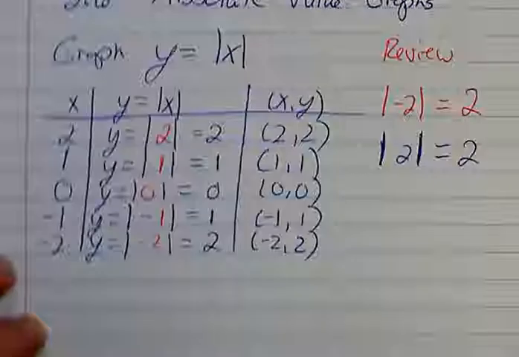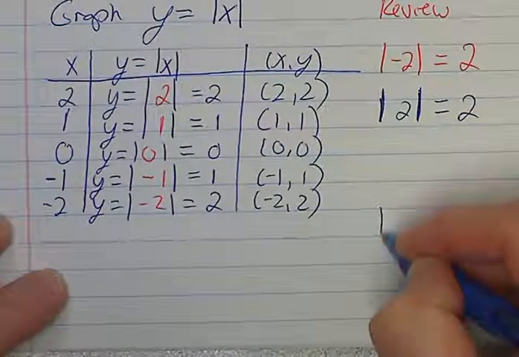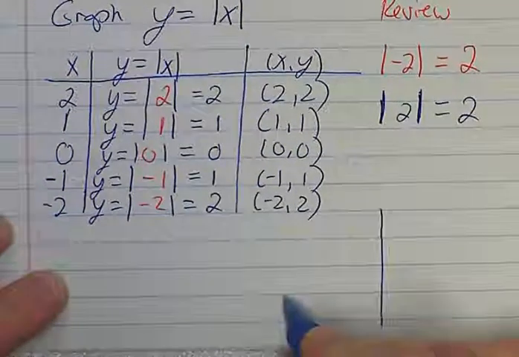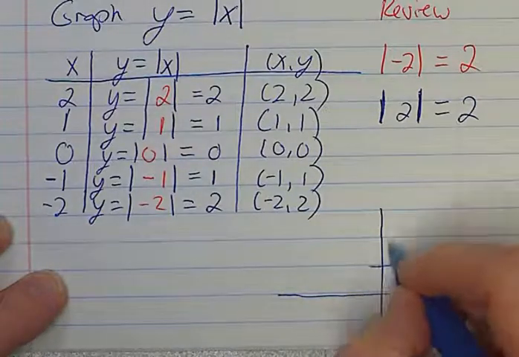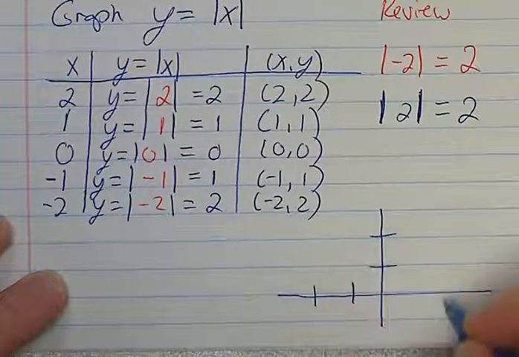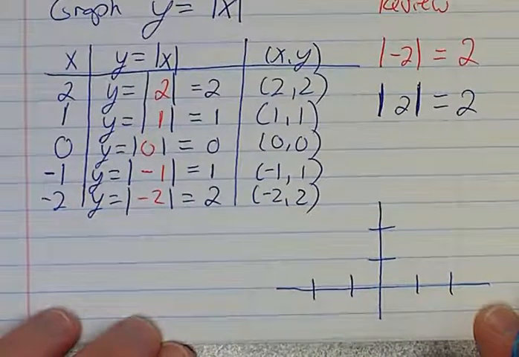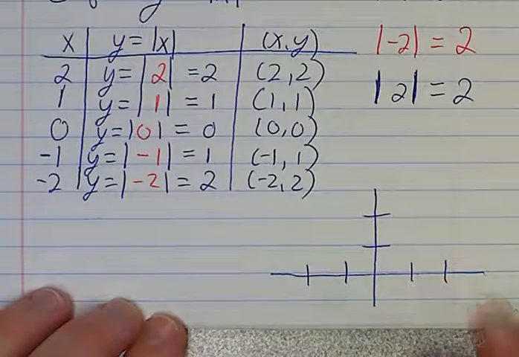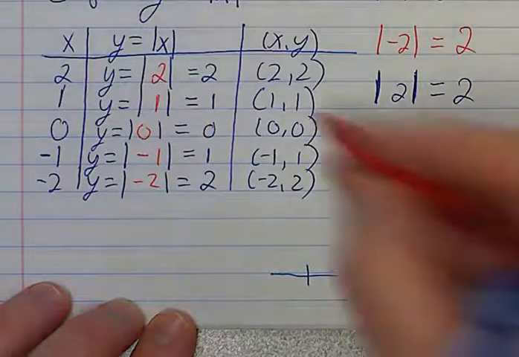Alright, now if we graph that, I think we can get the graph right here in the corner. I'll put it right here. Because you really don't need a lot below the line, we just need a couple of spaces above the line. Okay, so the first point was at 2, 2.